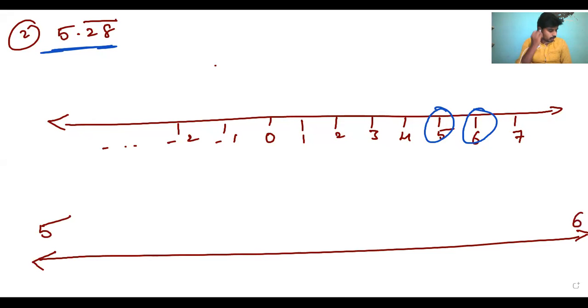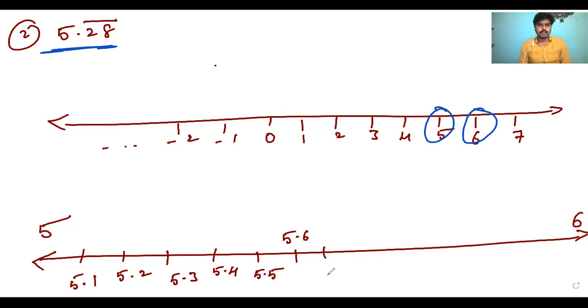So what are the numbers between 5 and 6? We have 5.1, 5.2, 5.3, 5.4, 5.5, 5.6, 5.7, 5.8, 5.9.